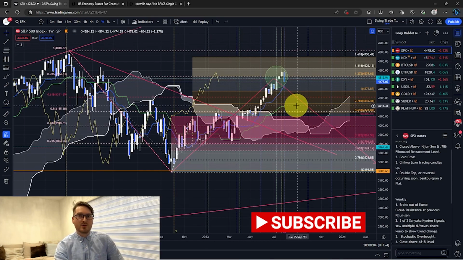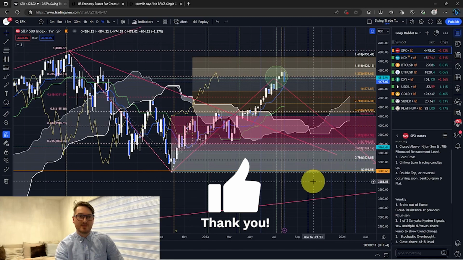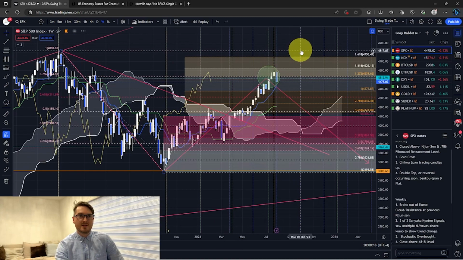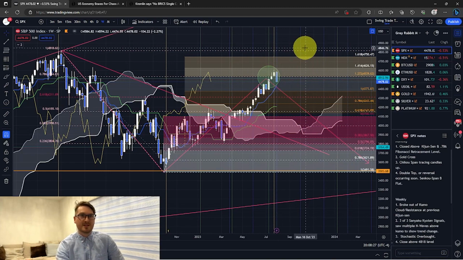But there's still a possibility that, I'm expecting lower prices heading out into the future, but we could still get this market to extend up and form a double top here at the 4818 level, right? So we need to be keeping an eye on that, but I am expecting a reversal still, unless I see another close above this level here, which is 4599.